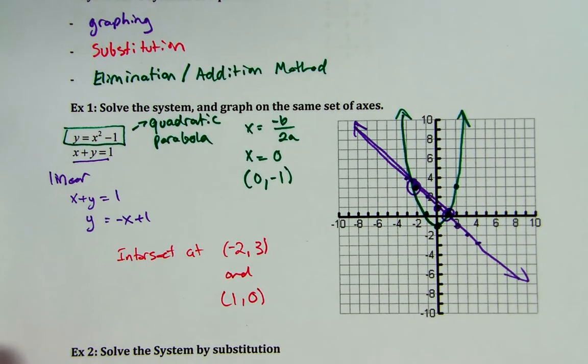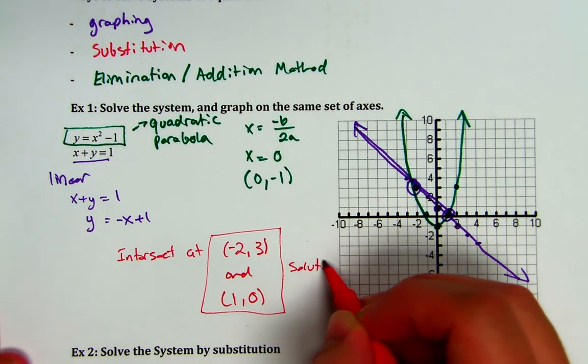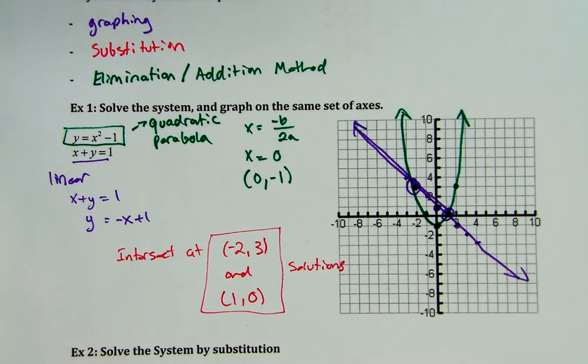Those right here are your solutions. If you recall from graphing in earlier chapters, the intersection points are the solutions to the equation.